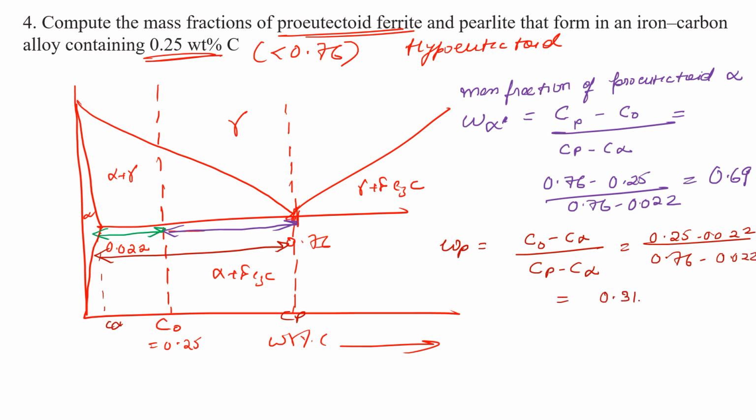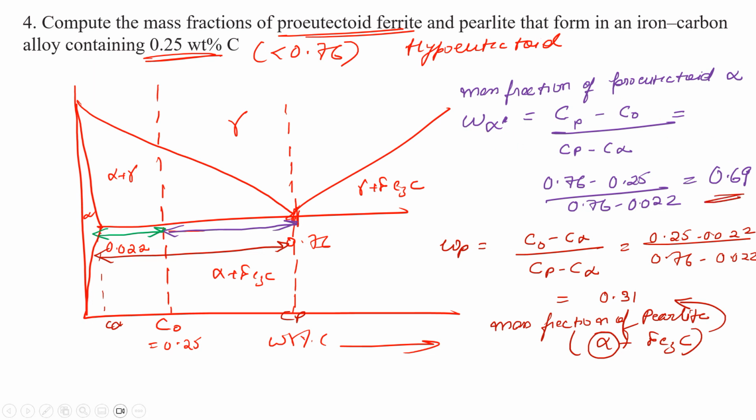So 31% is the mass fraction of pearlite, which also contains ferrite and cementite. This is the ferrite that is inside the pearlite, and the ferrite outside pearlite is about 69%. Okay. Great. So moving on to the next question.